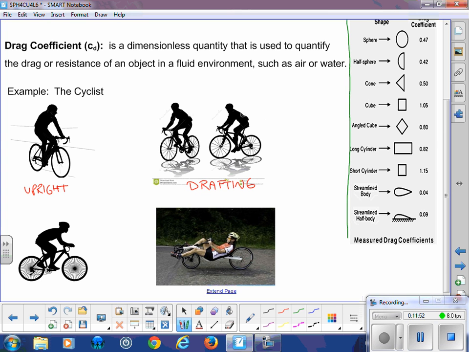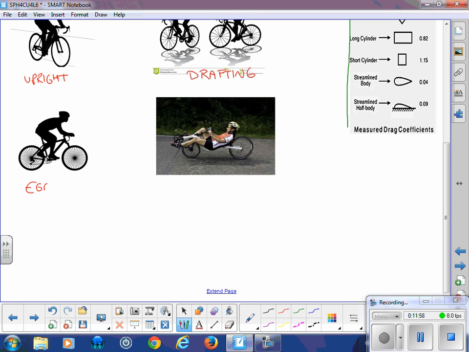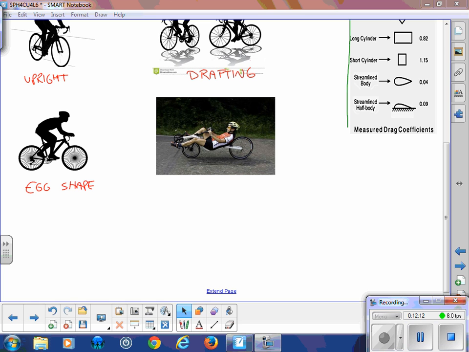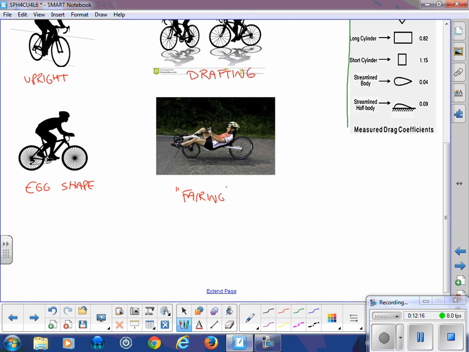The next position we have is what we call the egg shape. So I'm just going to make a little bit more space here. So here we have egg shape is what they call this. And finally that laid back position, we called it kind of the crouched egg, or I believe they call this fairing, and it's just that laid back position.